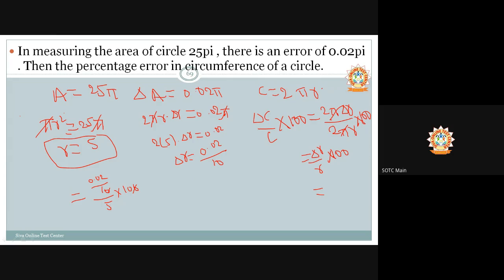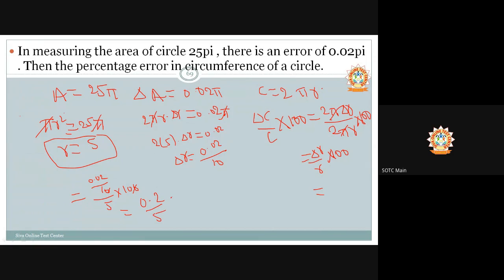Then in the numerator it will become 0.2, divided by 5.